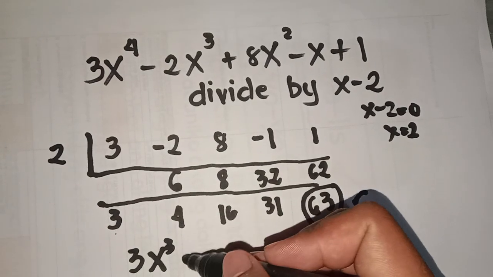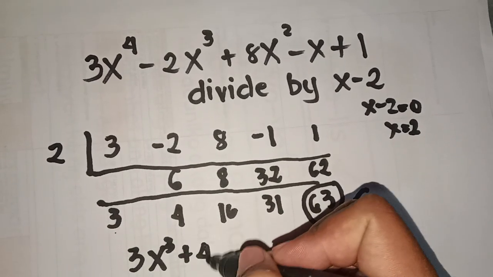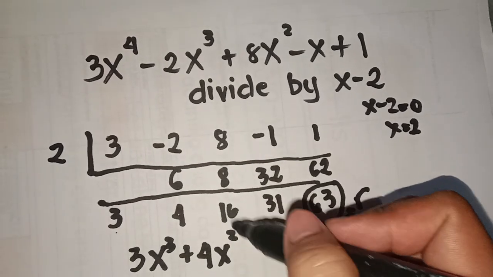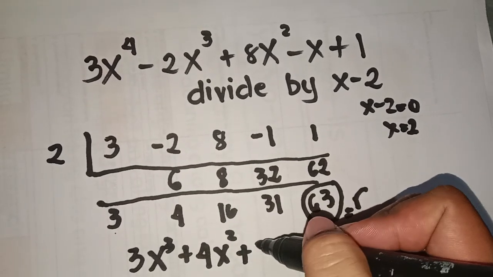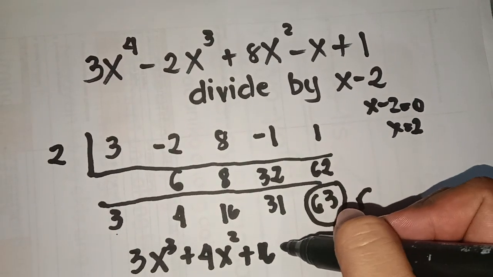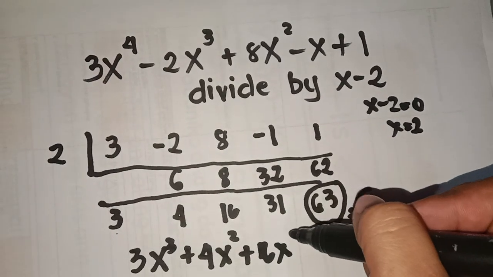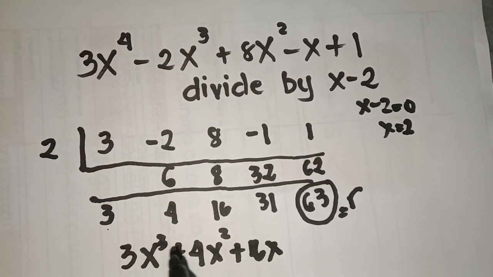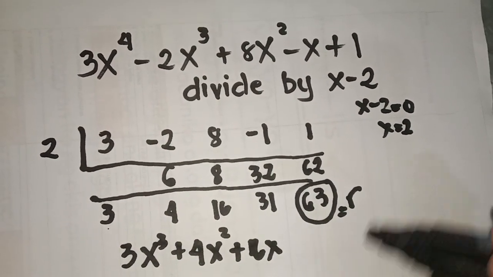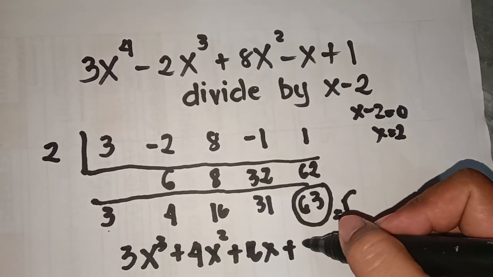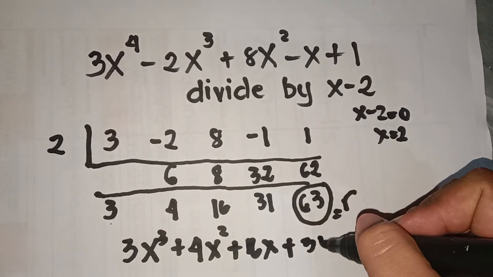Then the 4, x squared. Then the next 16, plus 16x. So see the pattern, the arrangement of the exponent must be in descending way, 3 to 1. Then plus the constant is 31.